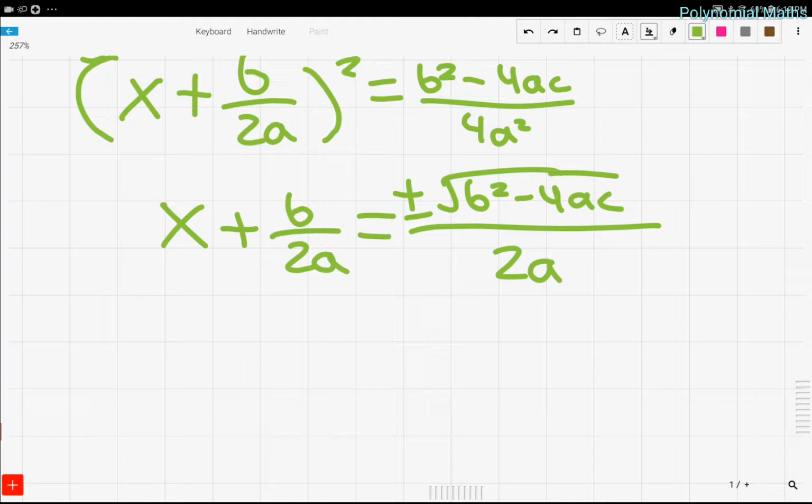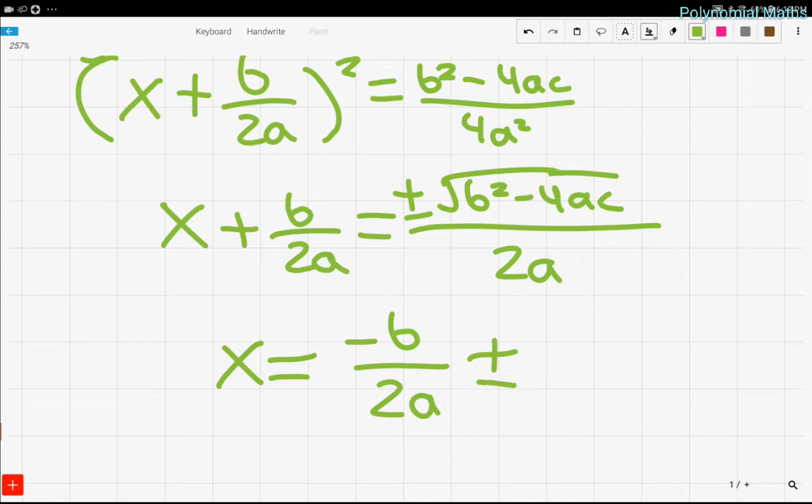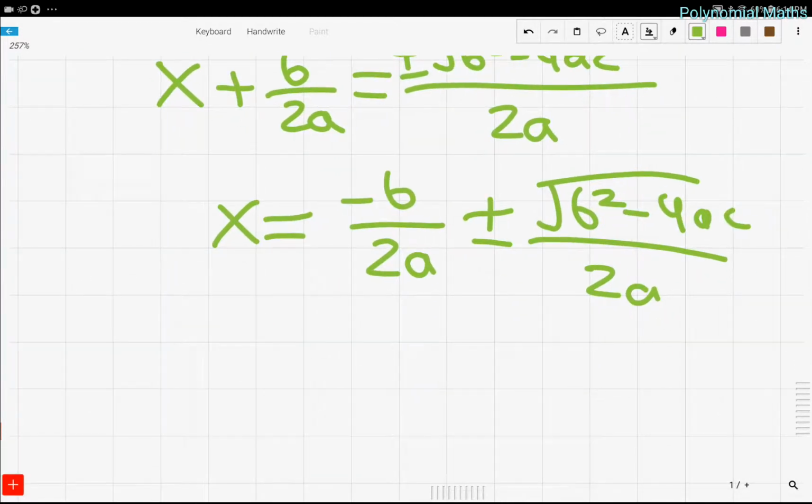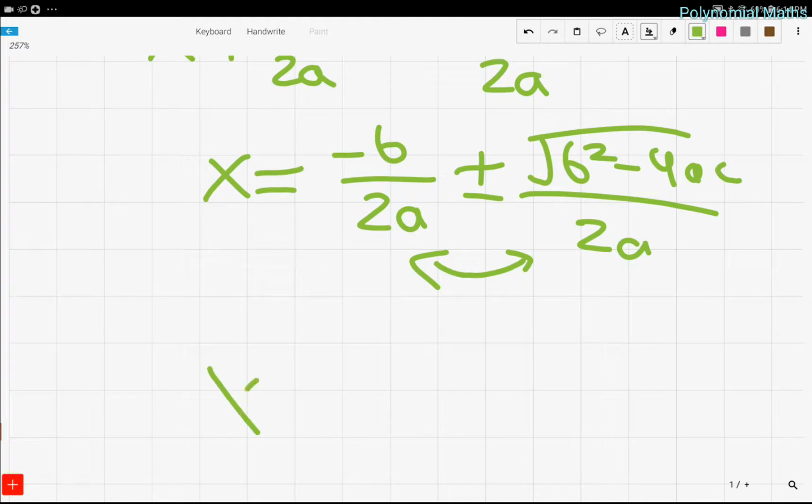And now, of course, lastly, we subtract b over 2a from both sides, and we're left with negative b over 2a plus or minus the square root of b squared minus 4ac over 2a. And we're almost done, because all I have to do is combine these two terms right here, and we're done, because we have found the quadratic formula by completing the square.